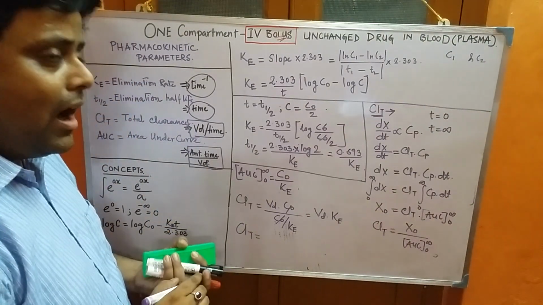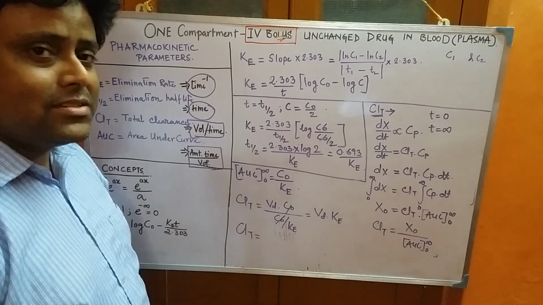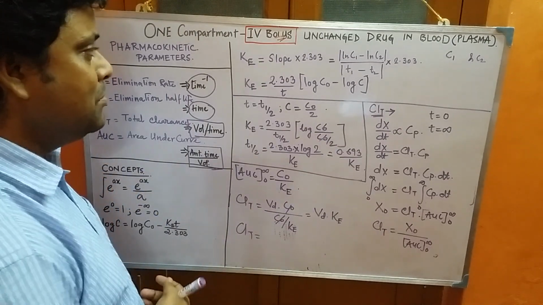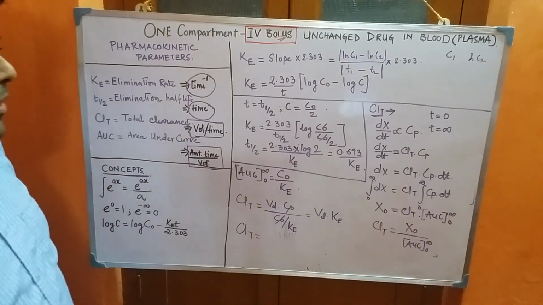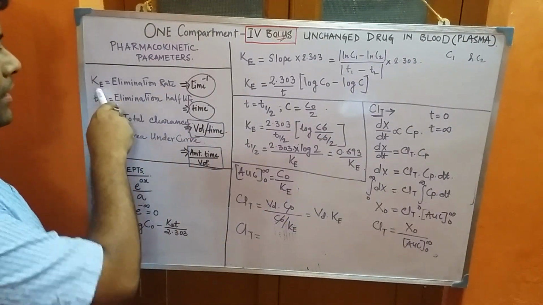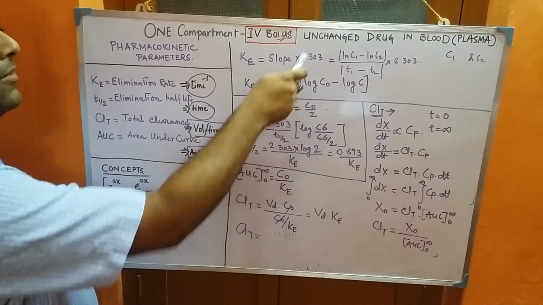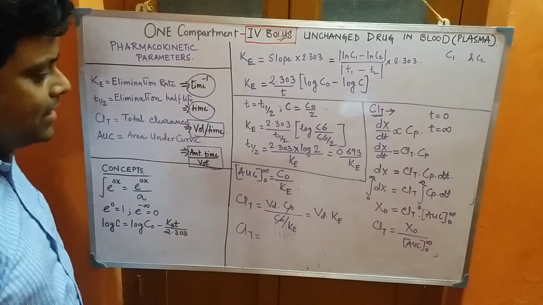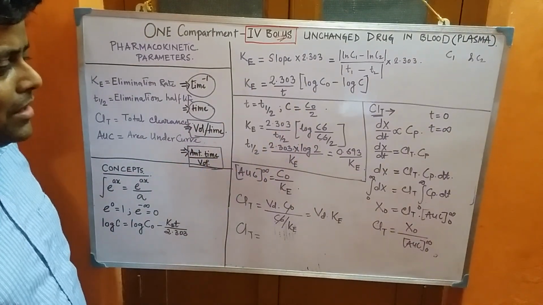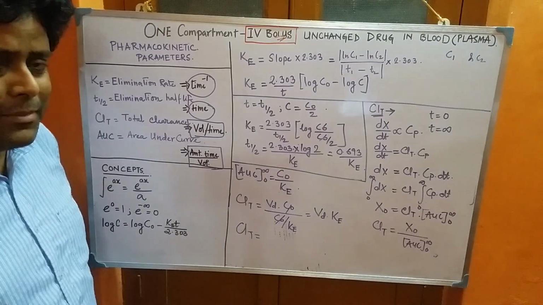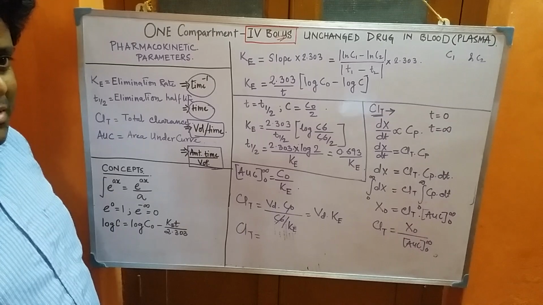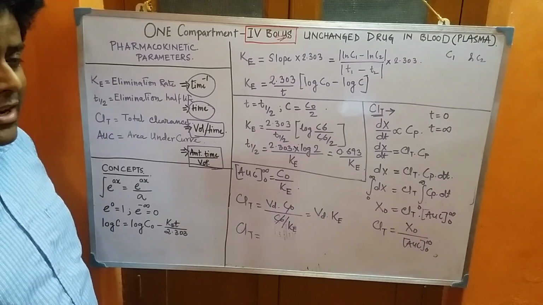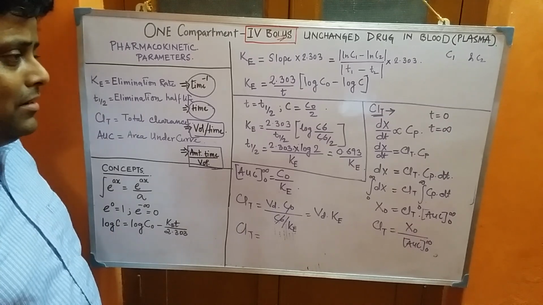So these are the important aspects which you have to remember while you go for pharmacokinetic parameters. Firstly, Ke, which we can derive in these two ways. Next is the T half, which is nothing but 0.693 by Ke. And the total clearance is the hypothetical volume comprising the drug which gets cleared off in a given time period.